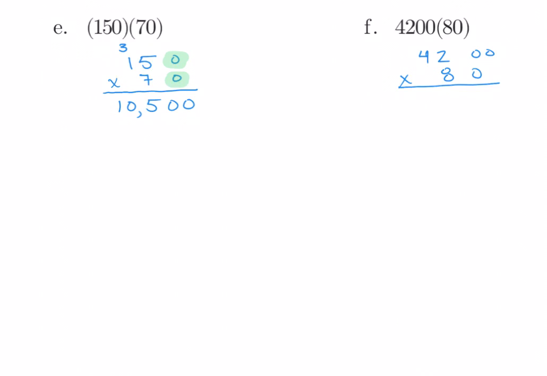If we go ahead and multiply this, we get 8 times 2 is 16. 8 times 4 is 32, plus 1 is 33. And then how many zeros do I have at the end of the numbers? We have a total of 3, so we are going to add 3 zeros into our answer, and we get 336,000.